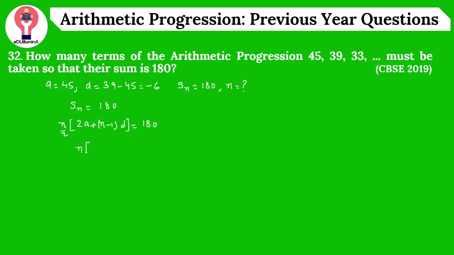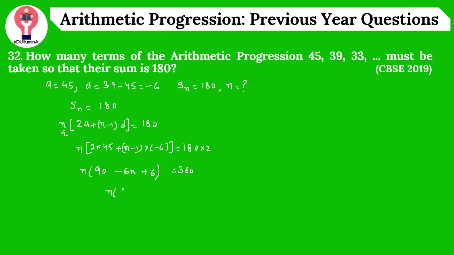Upon cross multiplying, n into 2 into 45 plus (n minus 1) into d, which is -6, and 2 will cross multiply, so 180 into 2. So 180 into 2 is 360, and on the left hand side n into 2 into 45, 90, plus n into -6 is -6n, -1 into -6 is plus 6.